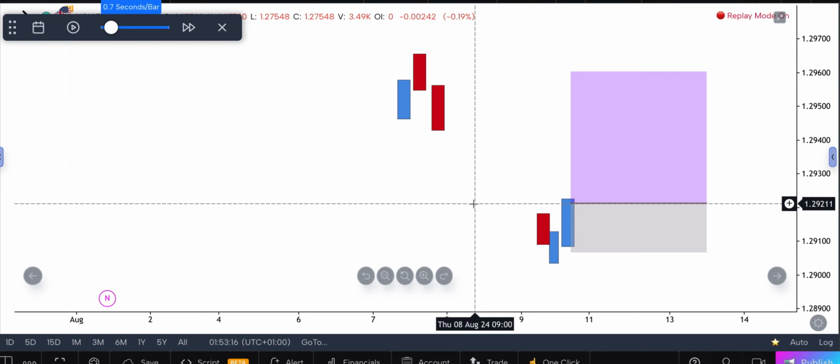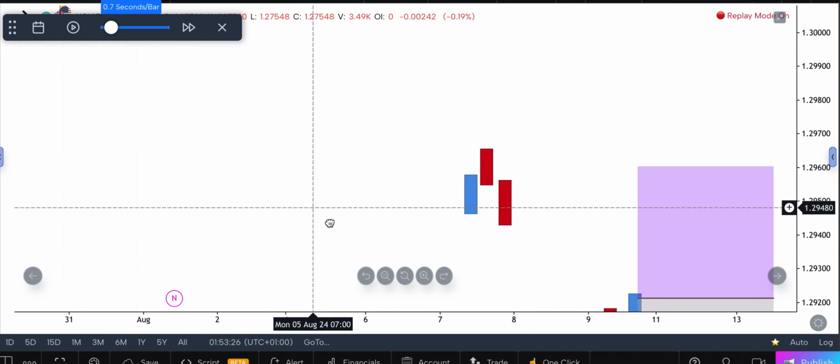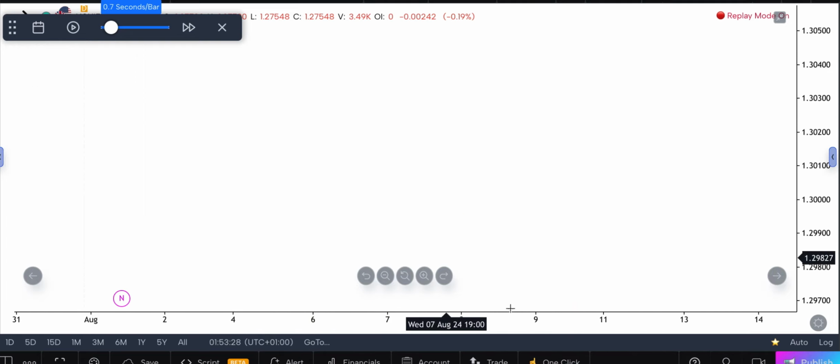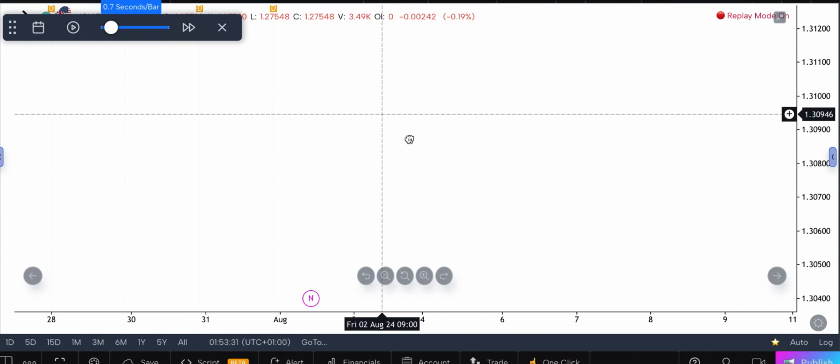Like I said, I've shown you guys support and resistance. So that should be all for now on market structure.